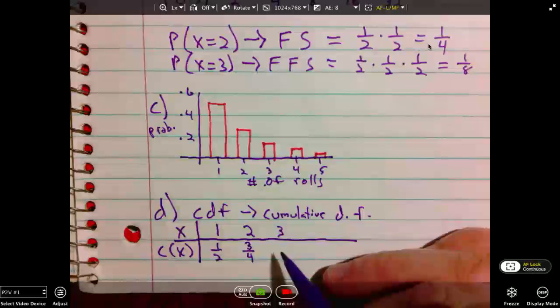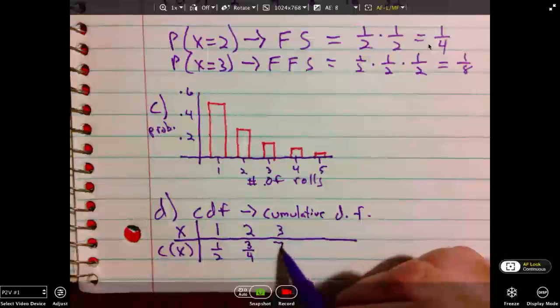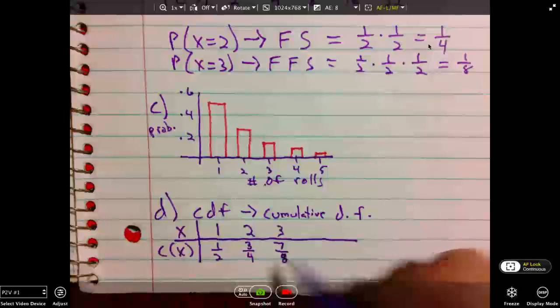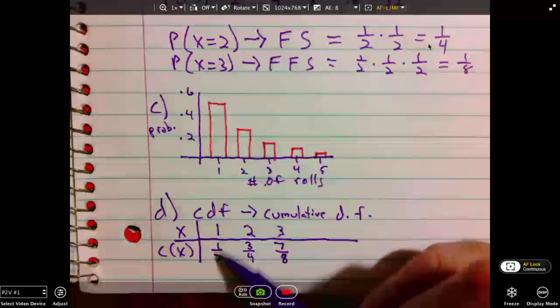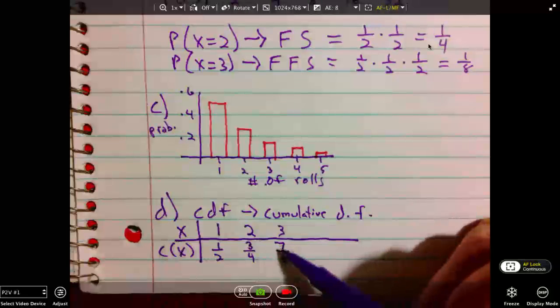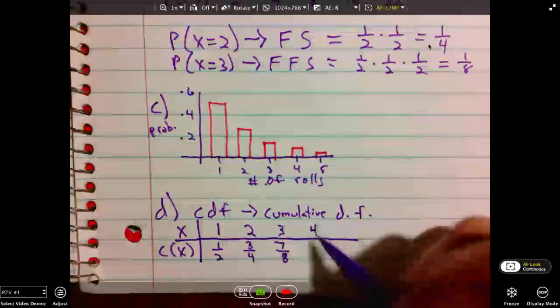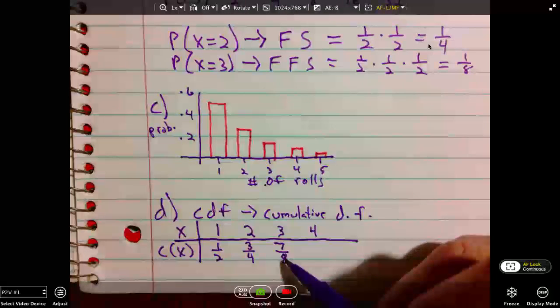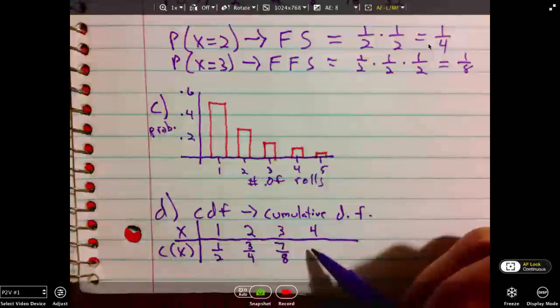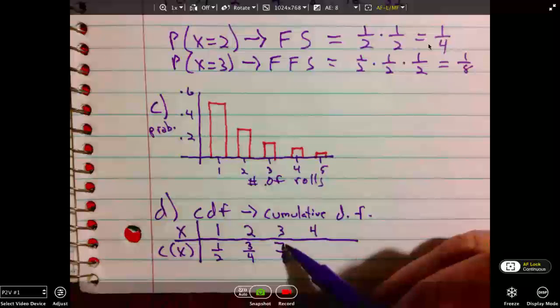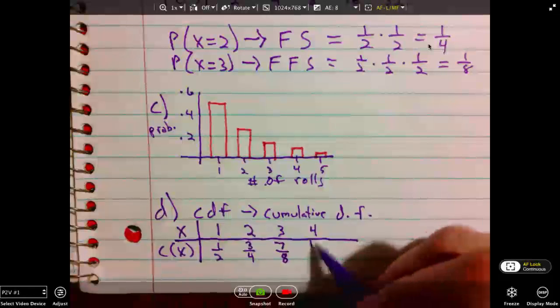Well, 1/2 is 4/8, 1/4 is 2/8, and 1/8 is 7/8. And you can probably already see what's happening here. 1/2, 3/4, 7/8. The fourth one is 7/8, the sum of all these, then plus 1/16. Well, 7/8 is 14/16, and 1/16 is 15/16.